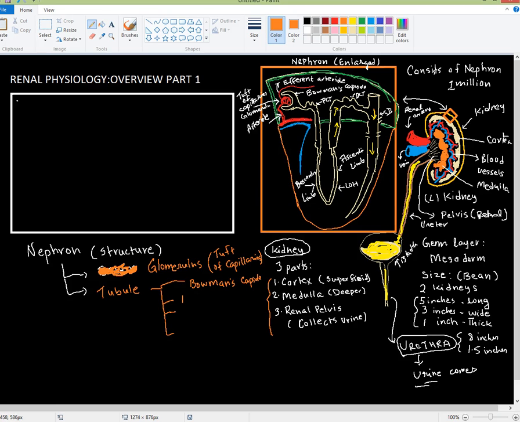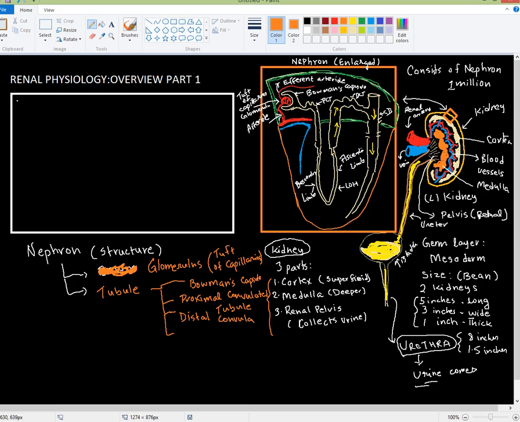And the second part is the proximal convoluted tubule. We just saw the structure. And then we have distal convoluted tubule.